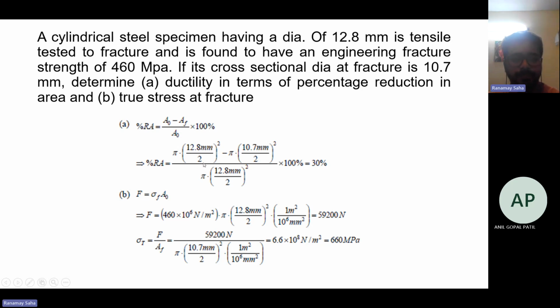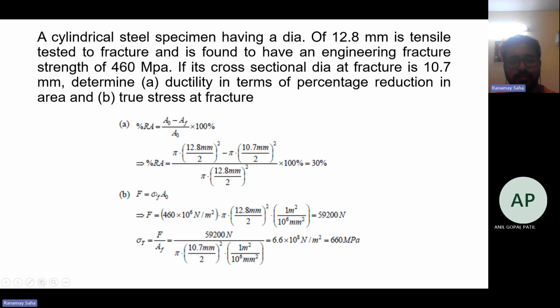Then just find the stress. You can also use the simple relation: sigma true equals sigma engineering into one plus engineering strain.